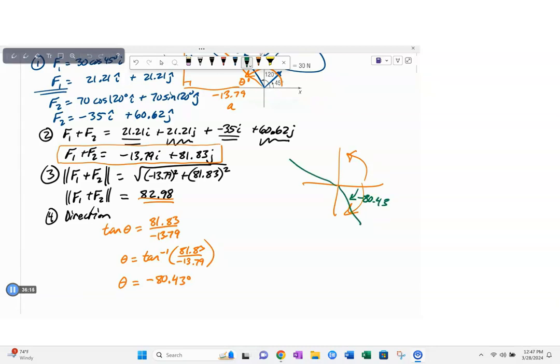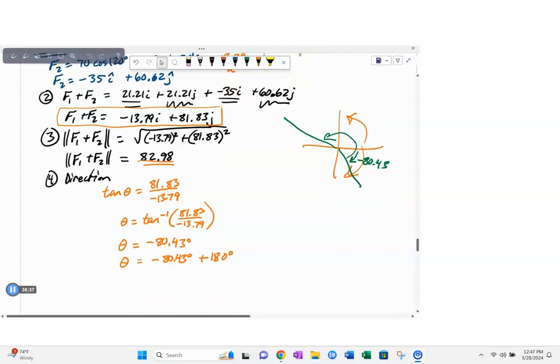So we've got to add 180 degrees to that, because this is in quadrant 2. So theta here ends up being 99.57 degrees.